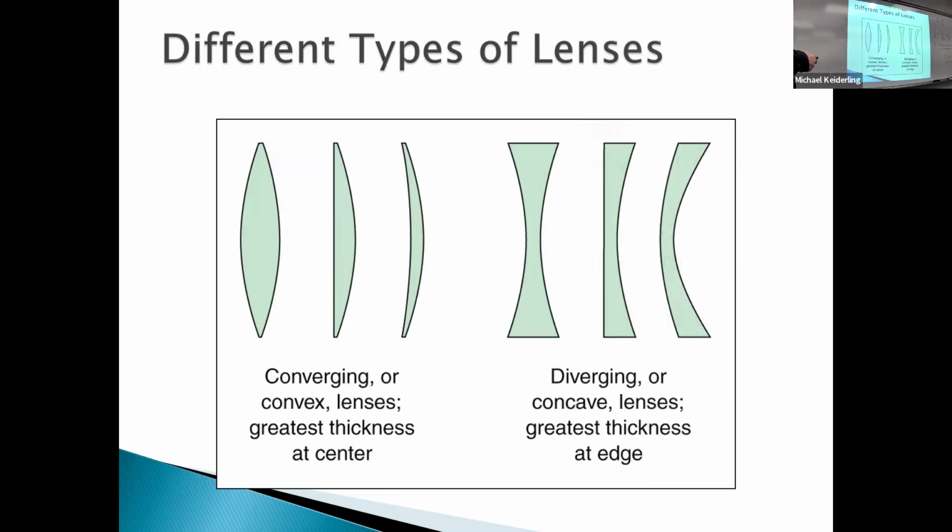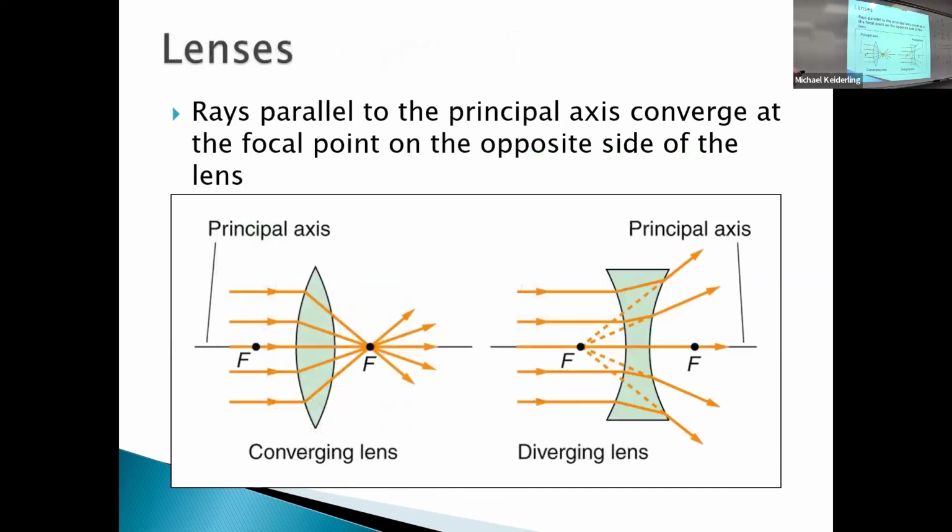Converging lenses are thicker in the center and thinner on the outside. Diverging lenses are thicker on the outside and thinner in the center. And rays parallel to the principal axis will converge at the focal point opposite the lens for a converging lens.